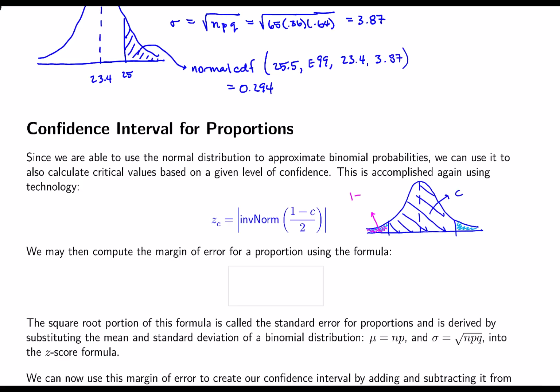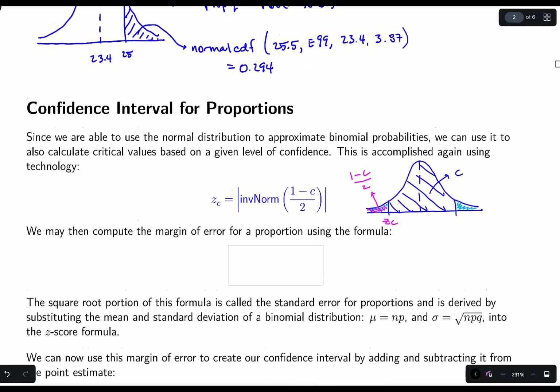So this is (1 minus C) divided by 2. And if you put that value into inverse norm, what you're going to come up with is the critical value associated with it, and that's what we're looking for. Now, it will initially be a negative number, but we'll just take the absolute value, just like we did in the previous section.